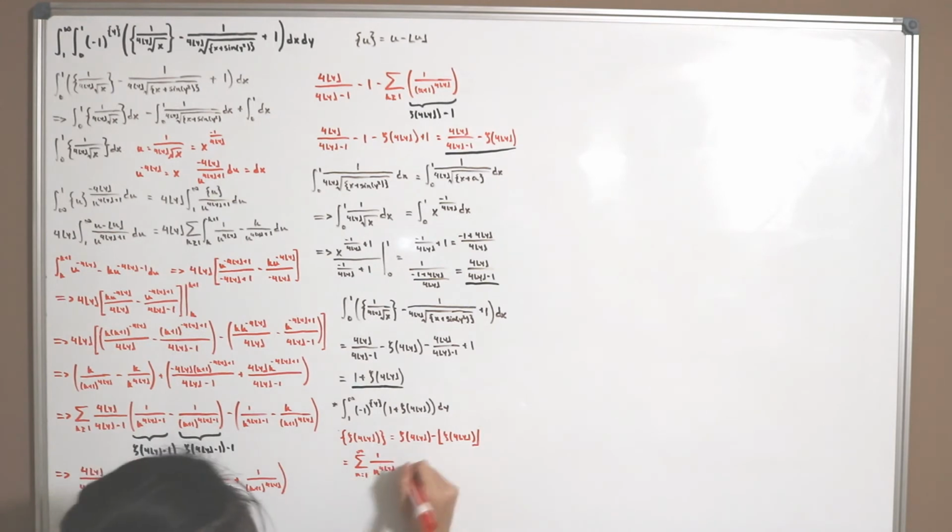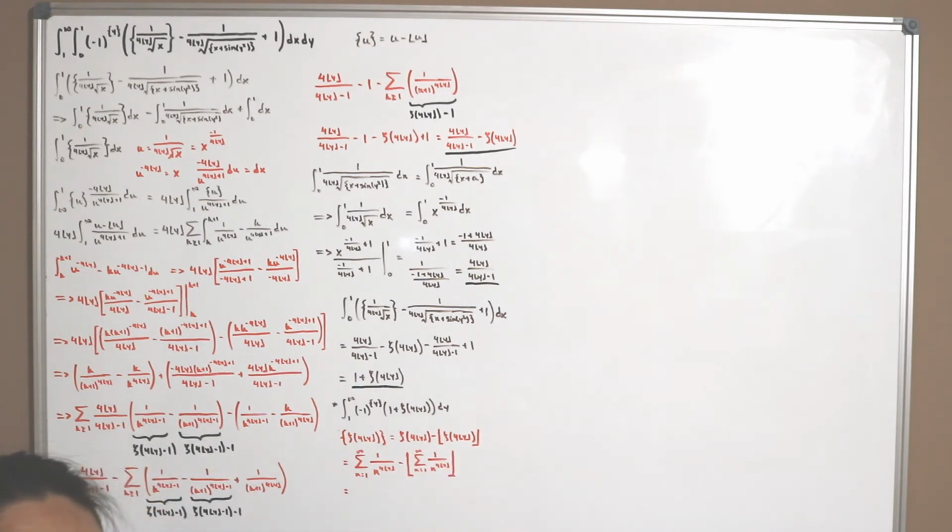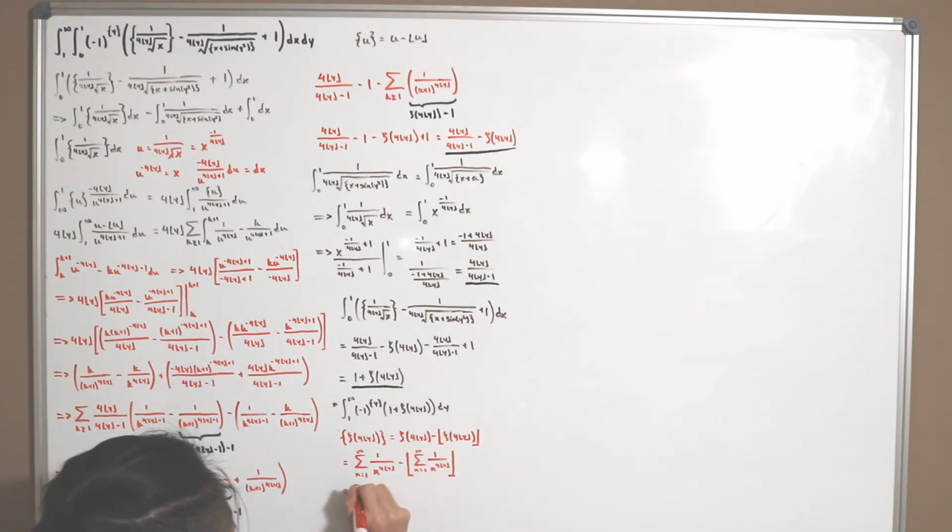And then we subtract the floor of the same infinite series, n equal to 1 of 1 divided by n to the 4 floor y.